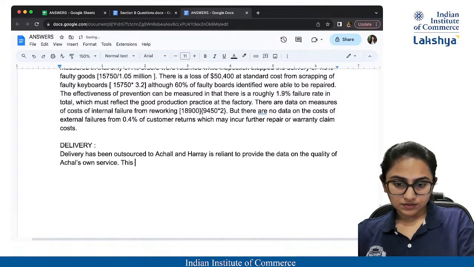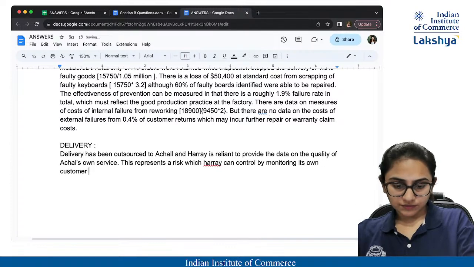This represents a risk which Harry can control by monitoring customer feedback, to identify if Actual is underreporting the late deliveries.